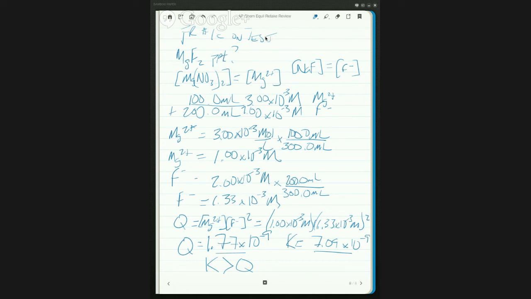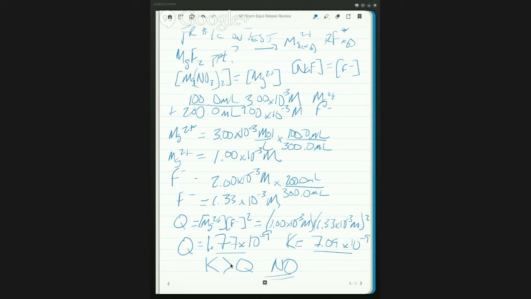This is the one where MgF2 solid on the left goes to the right, Mg2+ aqueous plus 2F- aqueous. So it's favoring the product side, which means it's not going to form a precipitate. So the answer is no, it's not formed, okay?